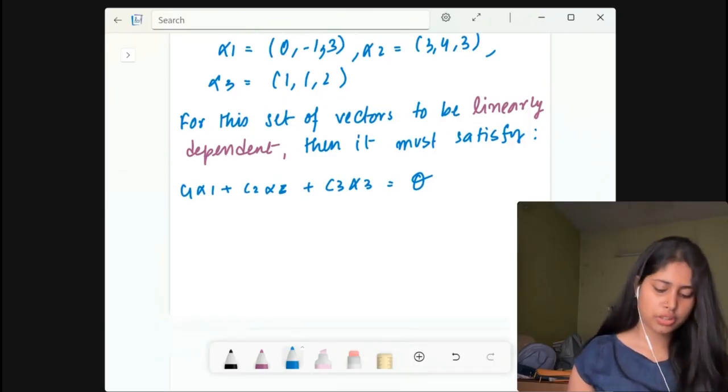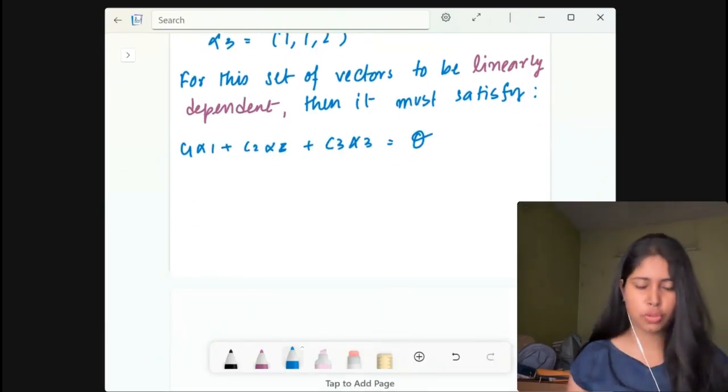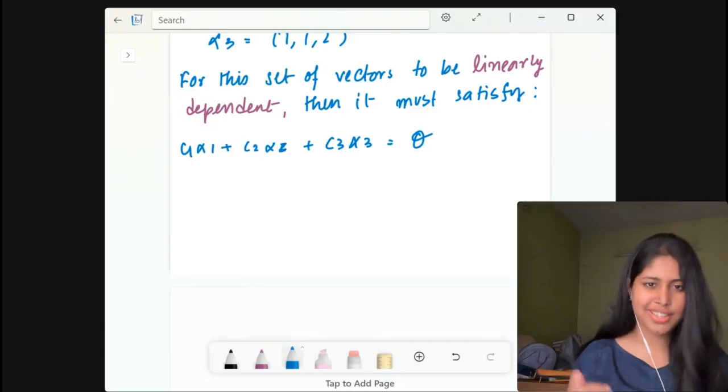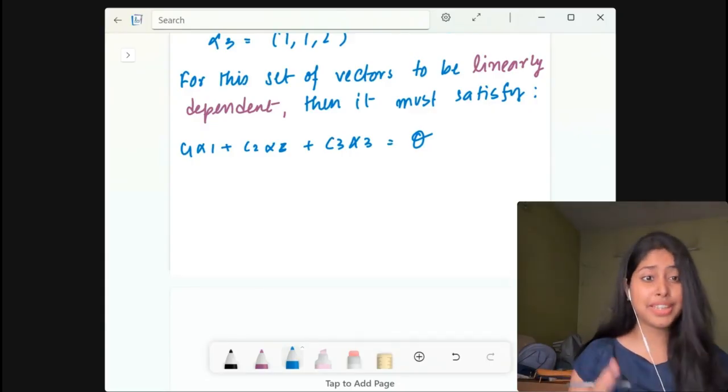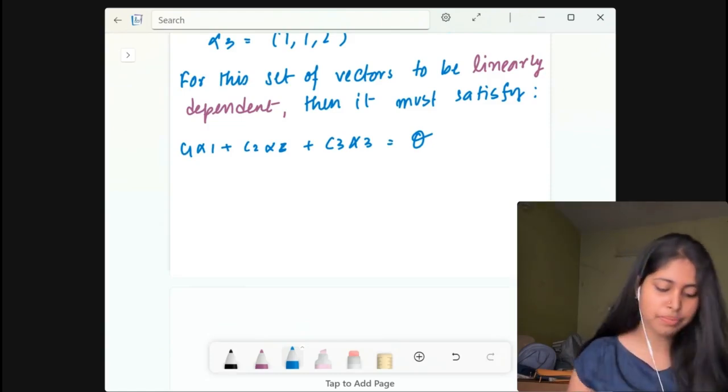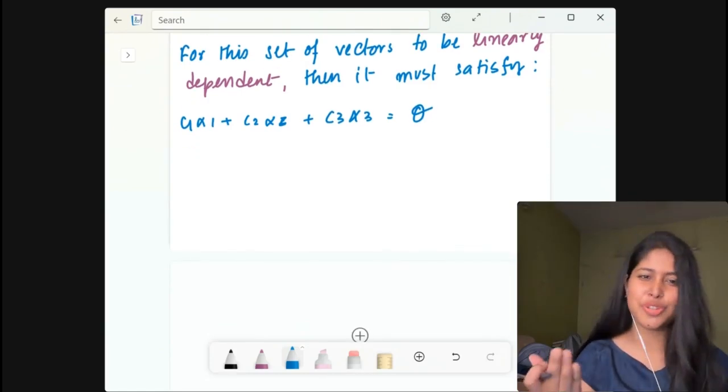I'm not mentioning again and again that theta is a zero vector, so just understand that this will be theta. But in the answer sheet, please write that theta is a zero vector. I'm not writing it here again, because this is the last question and you already know how to write it.